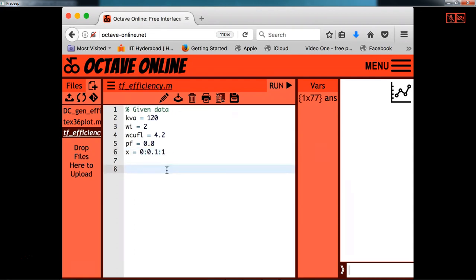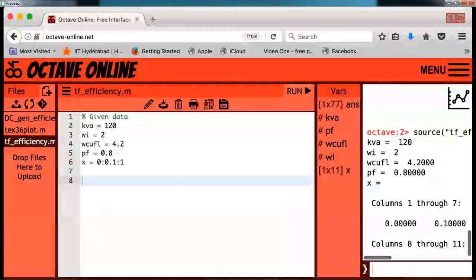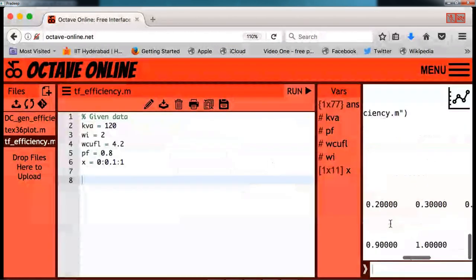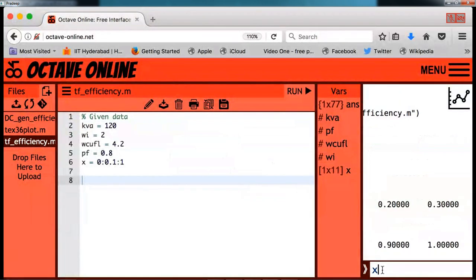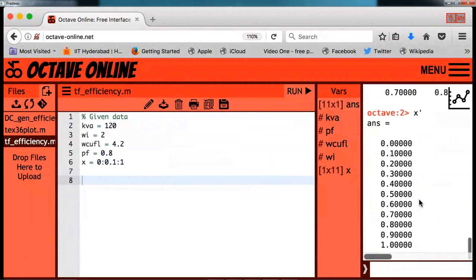So let me just show you that. So if I run this, on the right hand side, you can see the variables are being defined, and then the variable X is nothing but you are getting these numbers. So on the right hand side, you can see 0, 0.1, 0.2, 0.3, 0.4 like that.